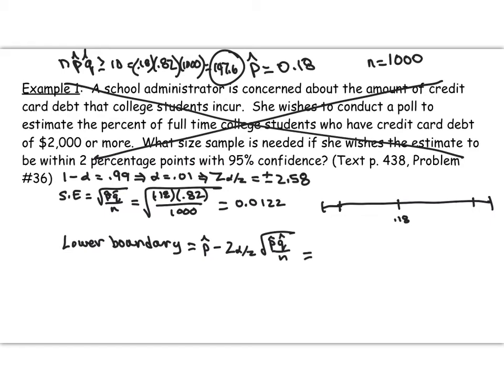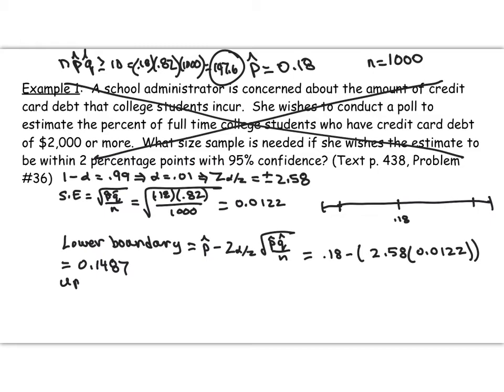And we've already got all of those values figured out. So that's going to be 0.18 minus 2.58 times 0.0122. When I calculate my lower boundary, I get 0.1487.